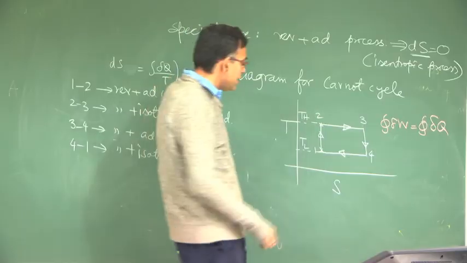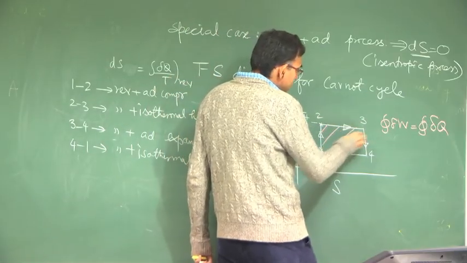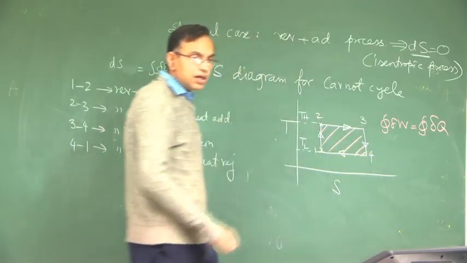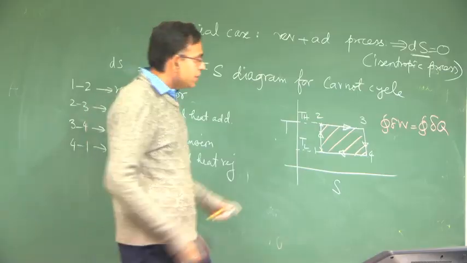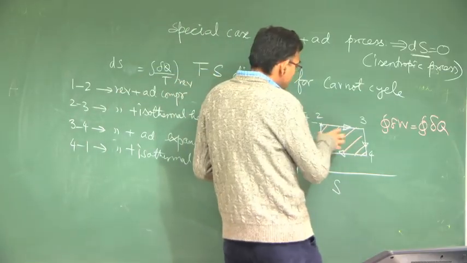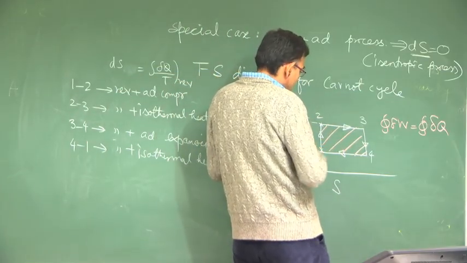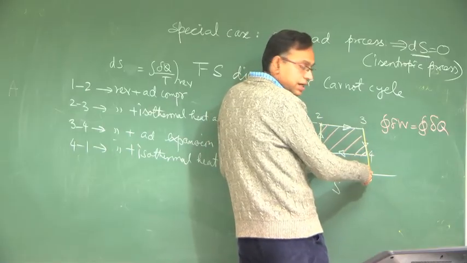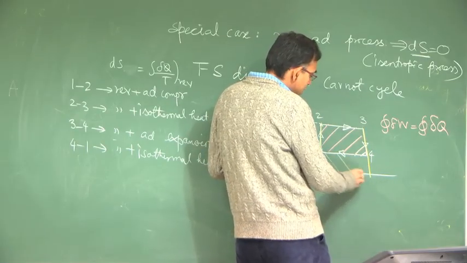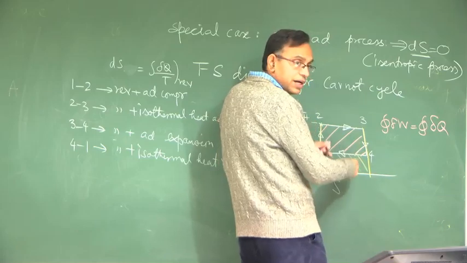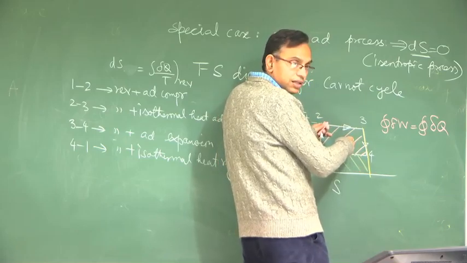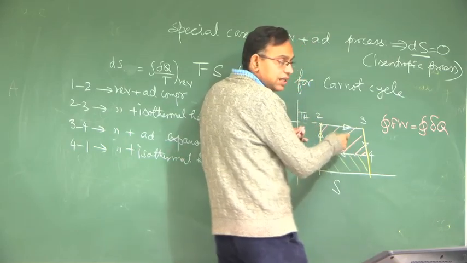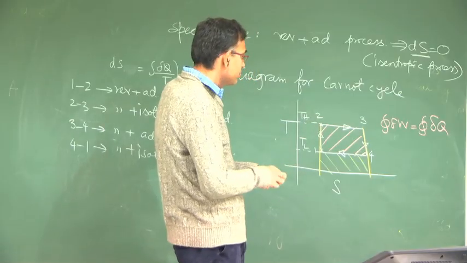So what is the net heat transfer? It is the area under the TS diagram, because the heat transfer QH is the area under this and heat transfer QL is the area under this. So QH minus QL is the pink colored area that we consider, and that is the work done.